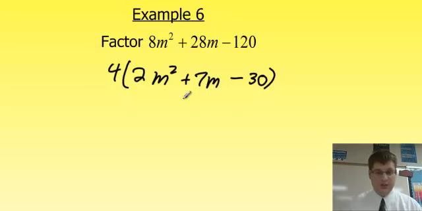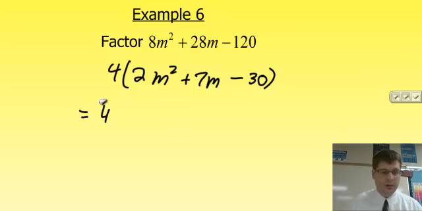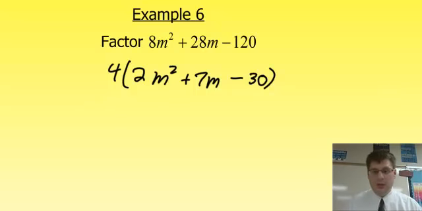Okay, so from here, we're going to factor what's inside the parentheses, this trinomial. I'm going to bring down the 4 because I know that's going to be part of it. Well, I'll do that in a minute. So let's take a look at this.